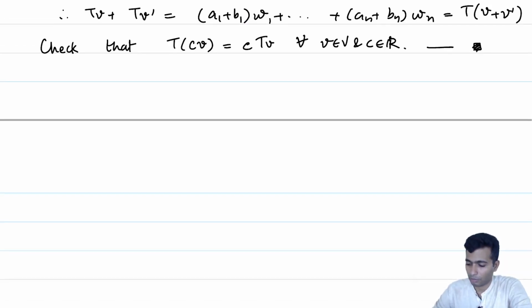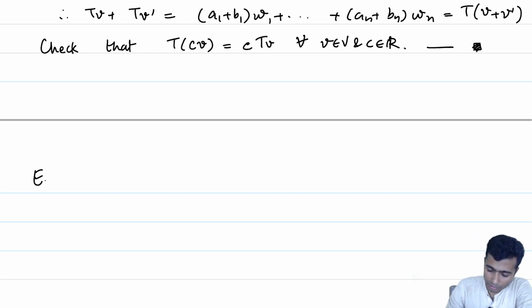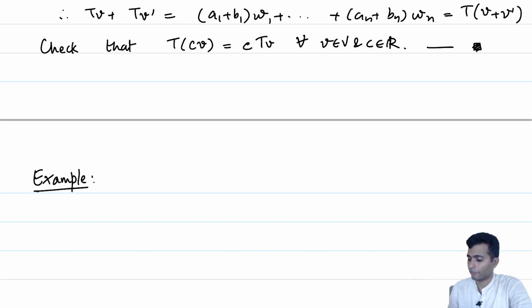Okay, so maybe one more example is in order. So let's look at an example. From your knowledge of geometry, you will know what a rotation map is, right?